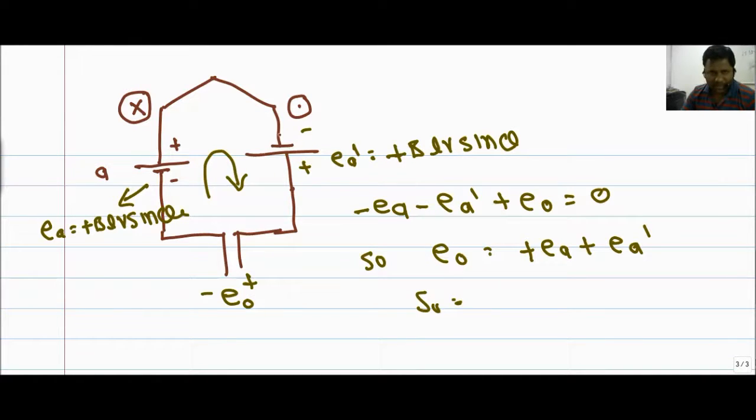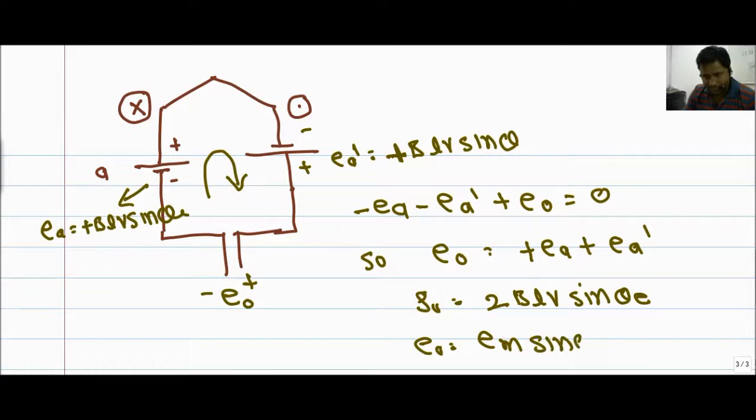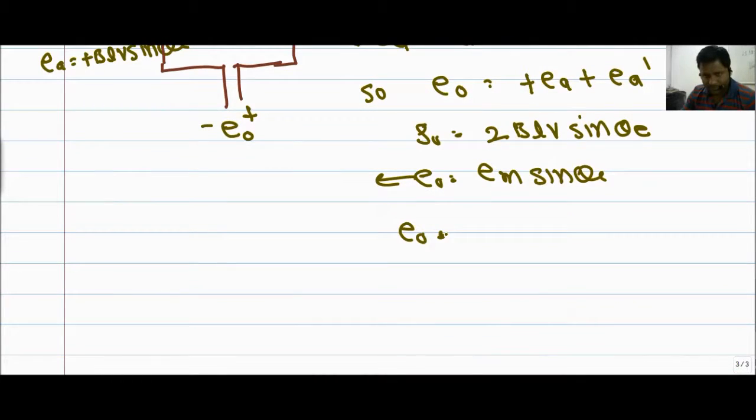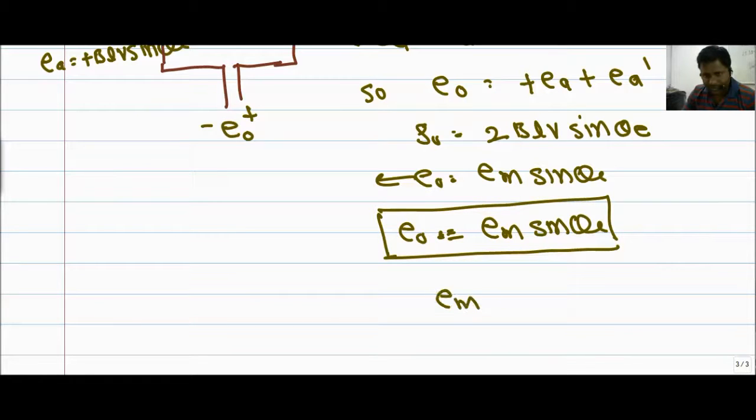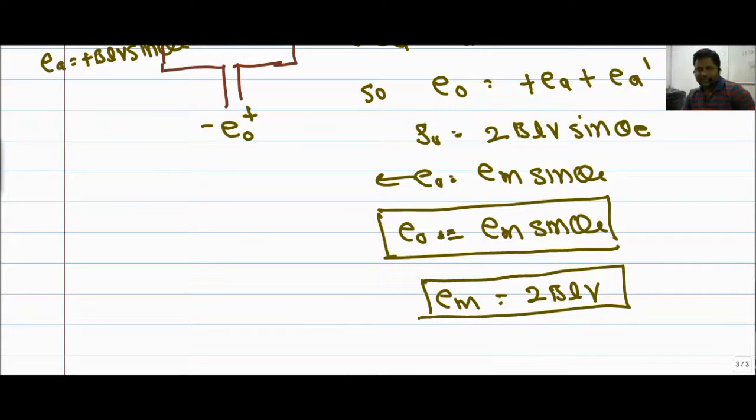Sorry, since we are already taking this sign as negative, we can take this sign as plus. So 2 BLN sin theta equals EL sin theta, and we can say that E equals 2 BLV. This is the expression of the induced EMF coming from this outer end.